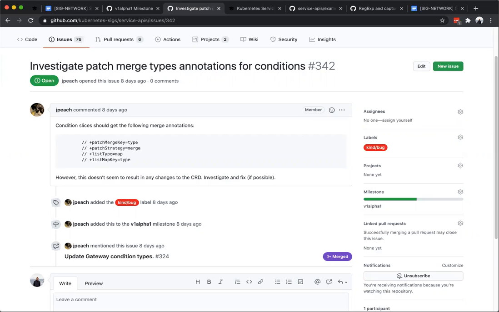Yeah, I mean, I don't know why it's not possible. The Kubebuilder documentation says that list map key, for example, is a thing it does. Right. It's listed as supported, so I'm not quite sure why it doesn't seem to do anything.